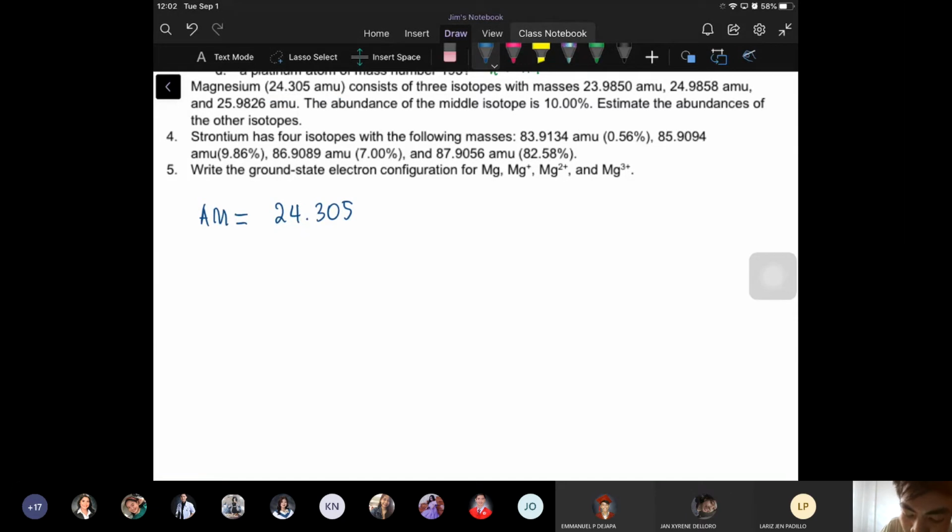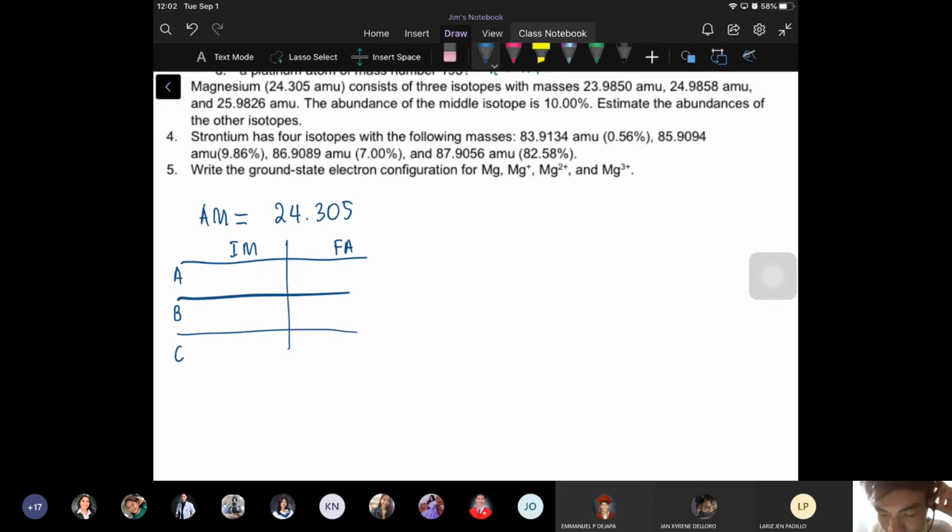Okay, then I have 3 isotopes now. I will label them as A, B, C. Isotope mass, fractional abundance. Sabi ng iba, abundance. Okay. So for the first isotope, my mass would be 23.